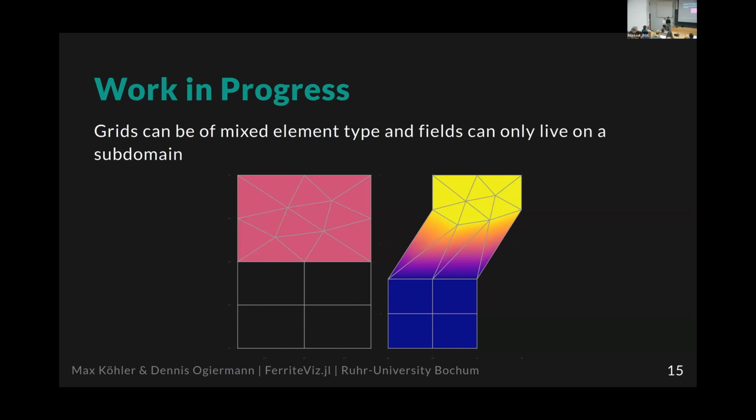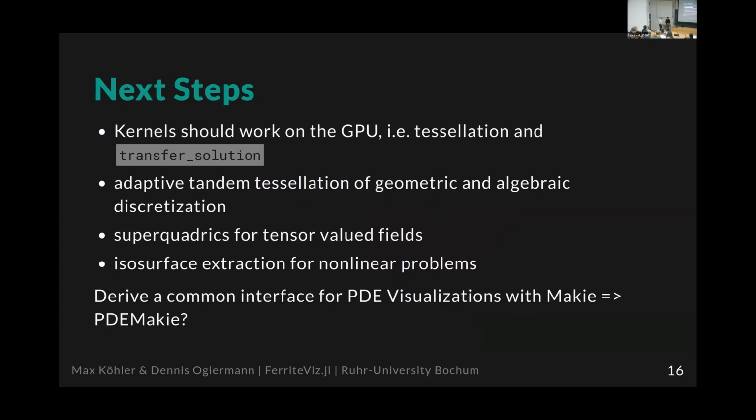Yeah, so our next steps: definitely our kernels should work on the GPU because they are really computationally demanding, and they are element-wise, so it should be possible. As Dennis mentioned, we would like to have some adaptive tandem tessellation of the geometric and the algebraic discretization.